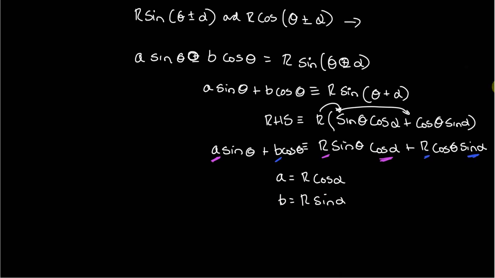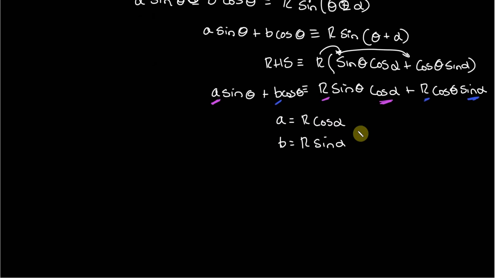And so from there we can set up a system of equations, right? We can label this equation 1, equation 2, and if we divide equation 2 by equation 1, what do we get? Well, we get b over a equals r sine alpha over r cos alpha.